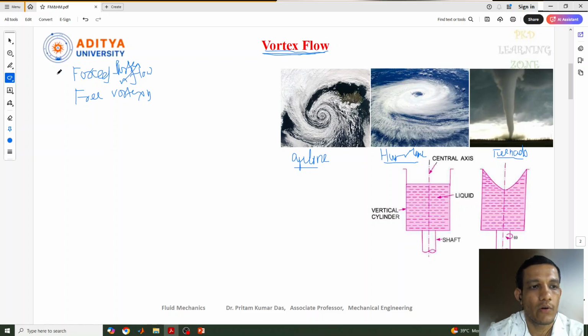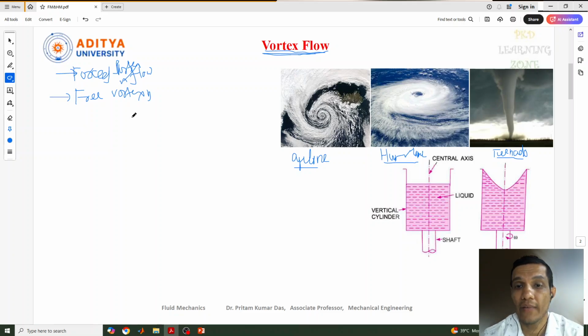These are the two types of vortex flow. For forced vortex flow, many examples can be seen. If you stir water in a basin, or use any kind of rotating machine, then you can get a forced vortex flow in that.